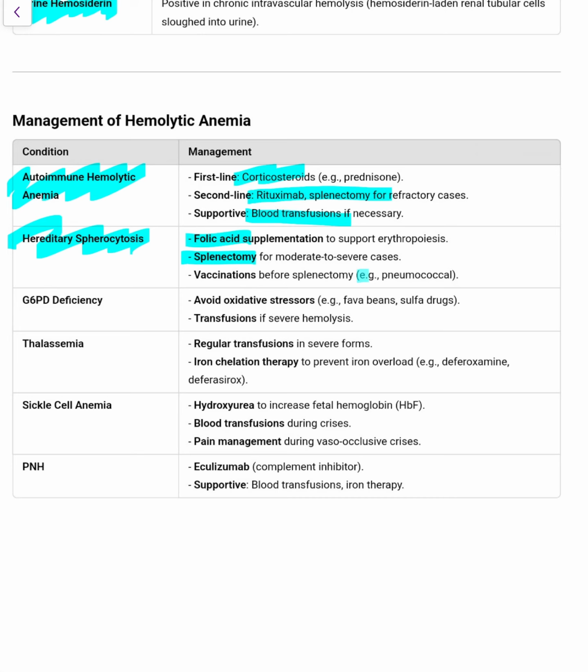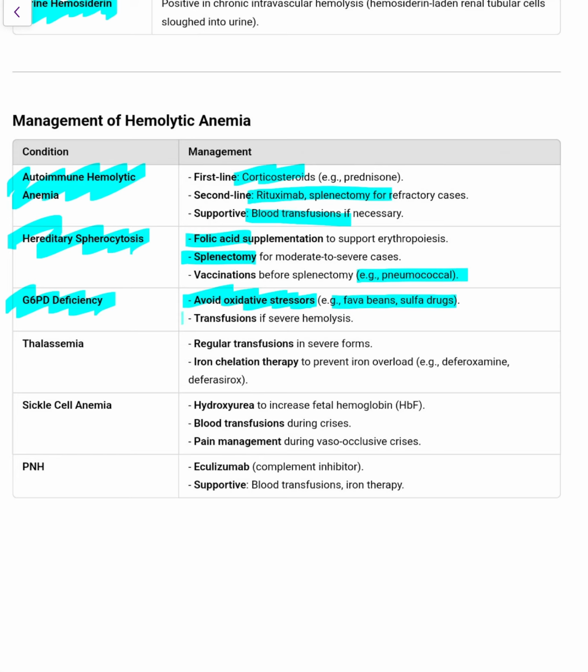Before splenectomy, all encapsulated bacteria, pneumococcal, Haemophilus influenzae, Neisseria meningitidis, these vaccinations have to be given. G6PD deficiency, you have to avoid the oxidative stressors like fava beans, sulfa drugs, etc. There is a list of sulfa drugs which cause hemolysis in G6PD deficiency. Okay.